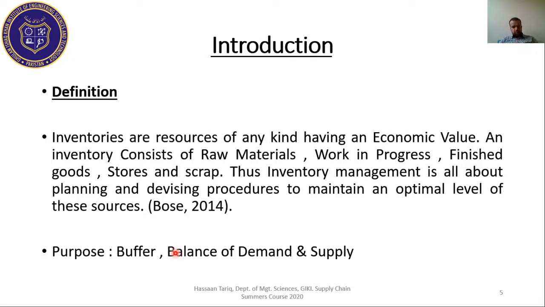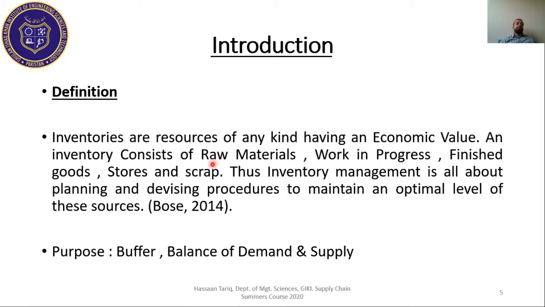So we begin with our definition of what inventory or inventory management is. Inventory is a resource of any kind having an economic value, something that has a physical existence and an economic value as well, like someone is really willing to buy the thing.